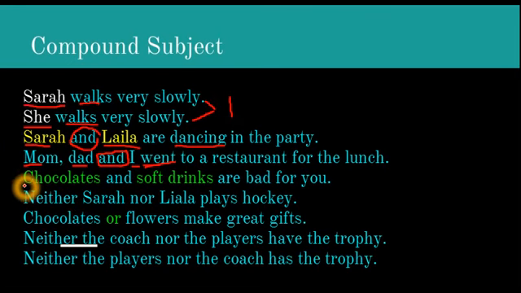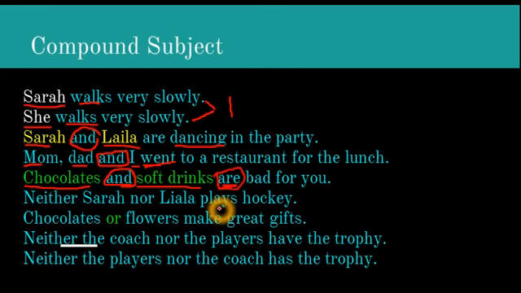Next example, chocolates and soft drinks are bad for you. So we have plural subjects, chocolates and soft drinks, connected with and, therefore we are using the plural verb, are.